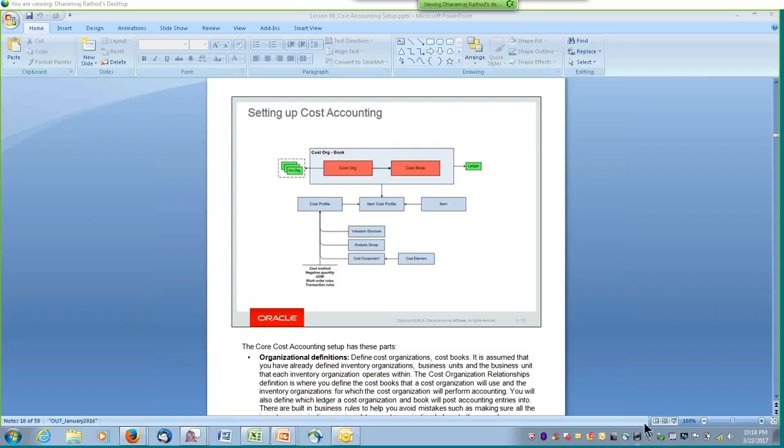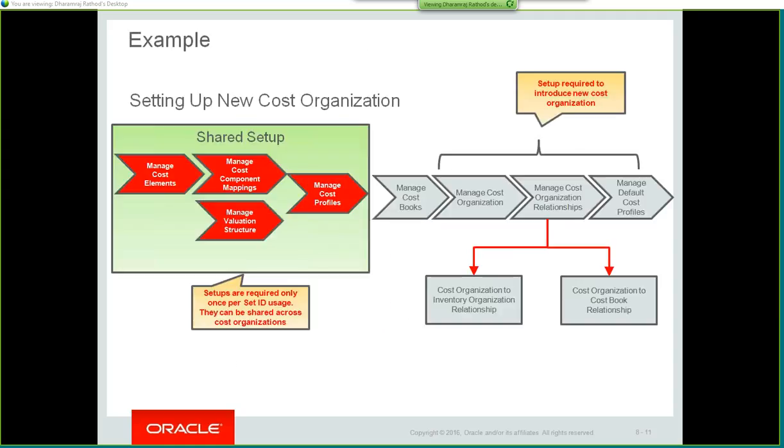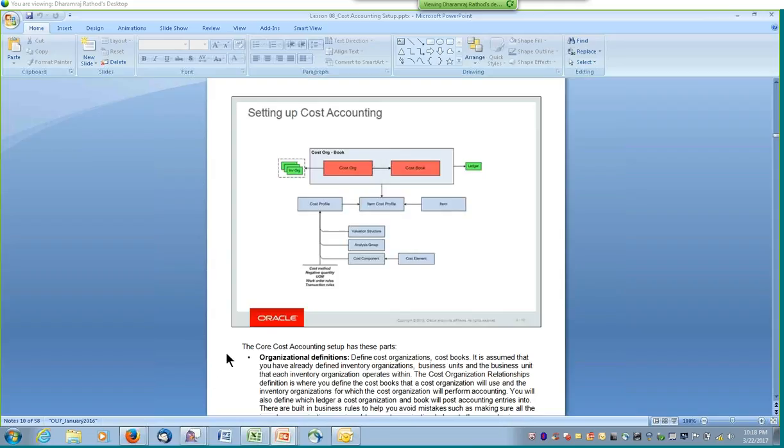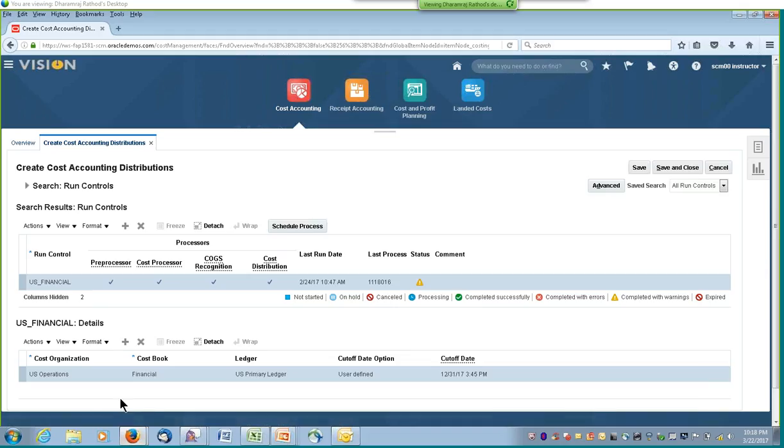All right, let's get going. So we talked about cost organization and the cost book. Let's talk about the cost profile and how we assign this cost profile to your item, or how you default the cost profile. So I'll go over the manage cost profile UI.